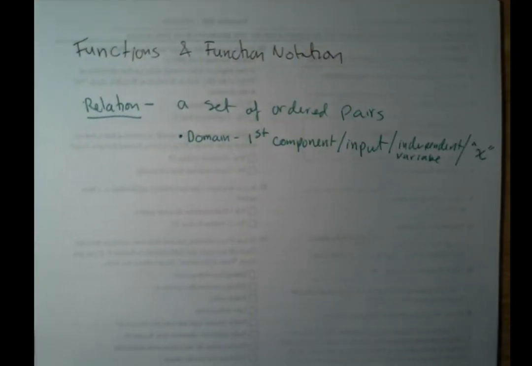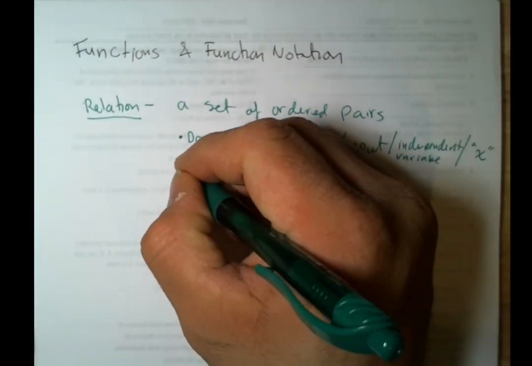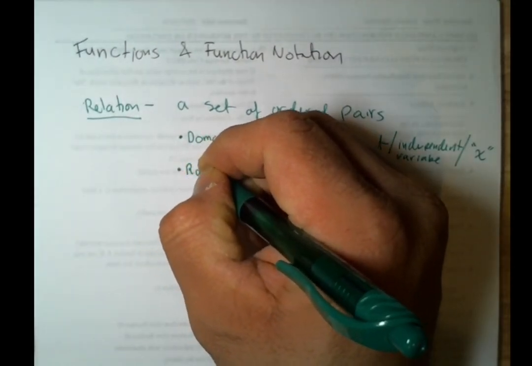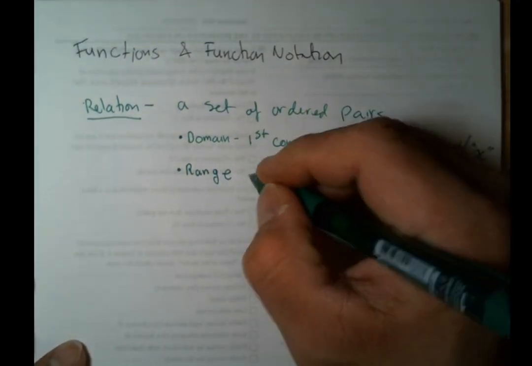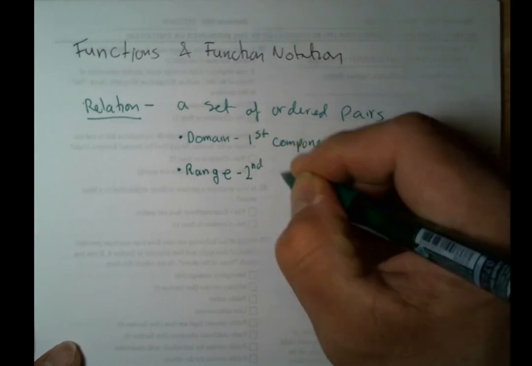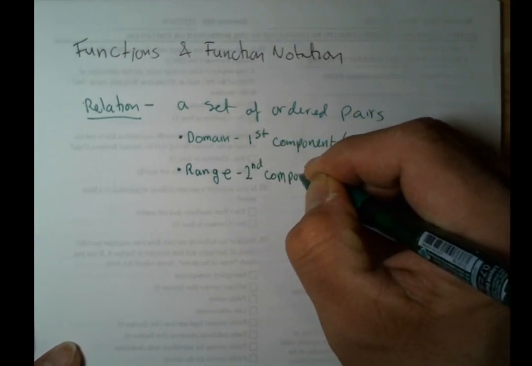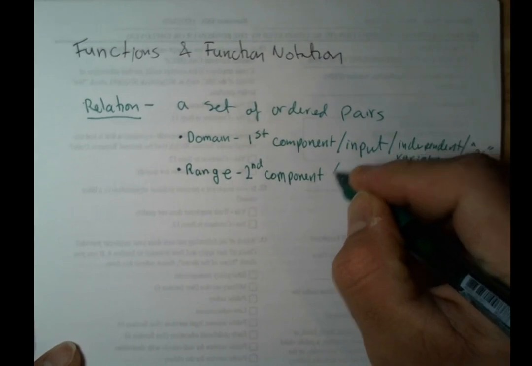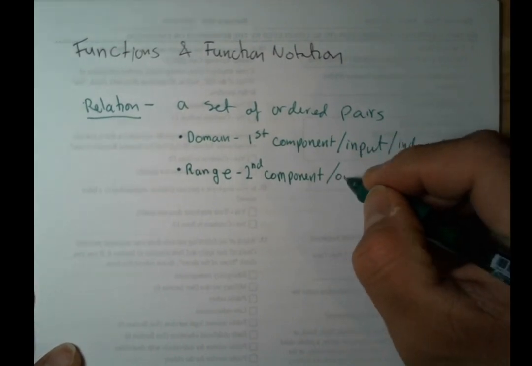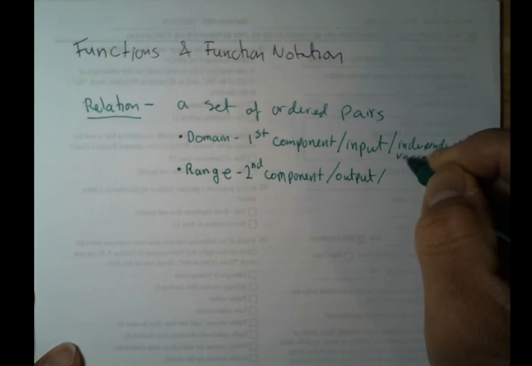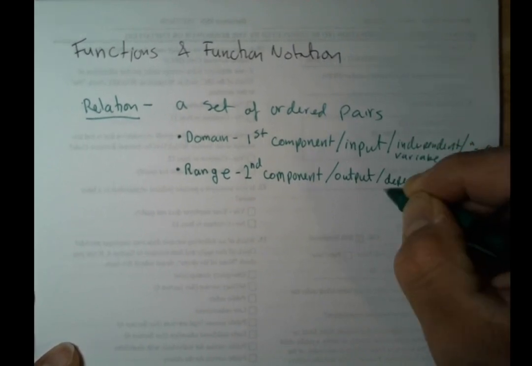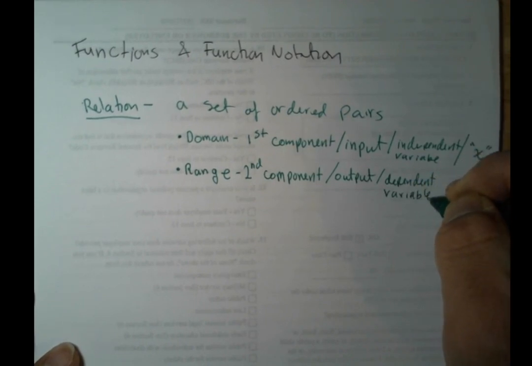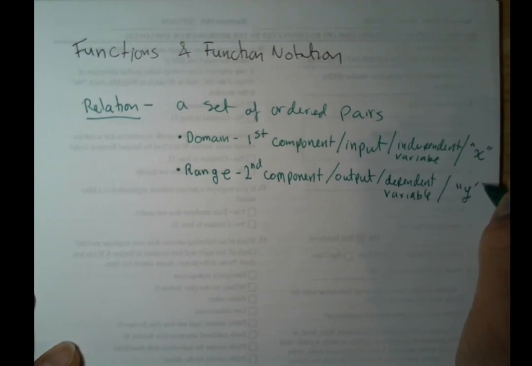Now, the second component is referred to as the range. This is our second component, sometimes called the output, sometimes called the dependent variable, and sometimes known as y.